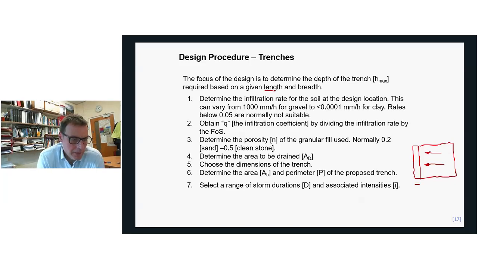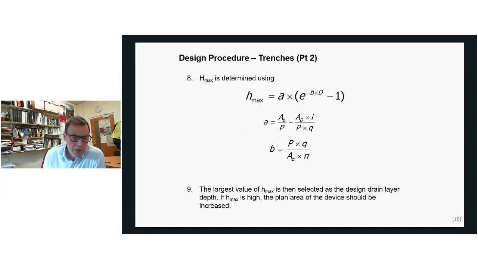And then a range of storm durations and associated intensities. So what we do is, for each of those durations and intensities, we calculate H max.